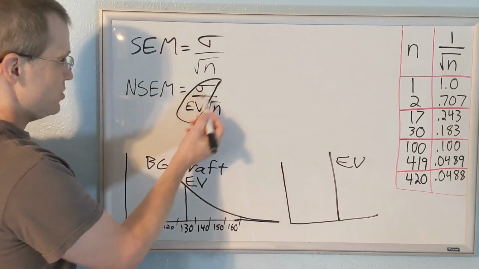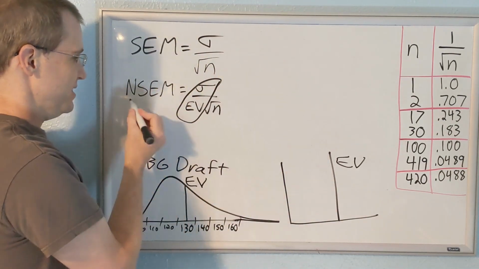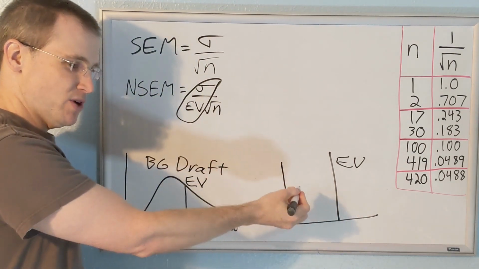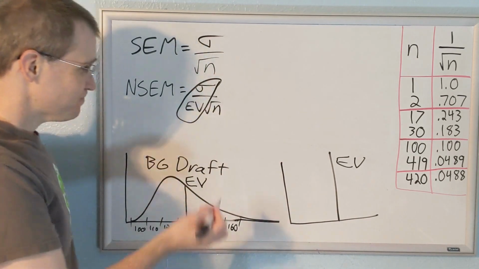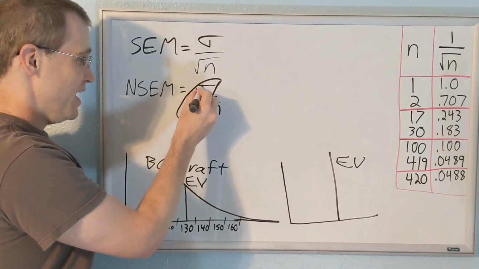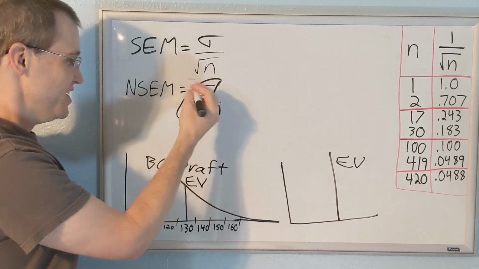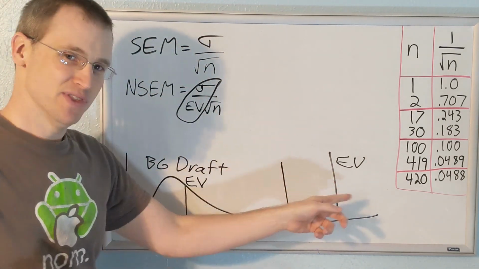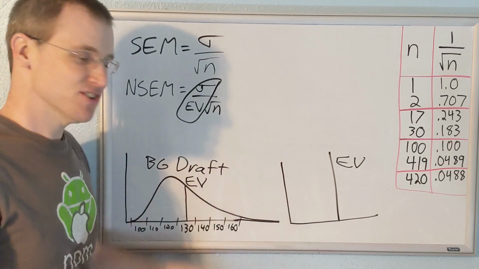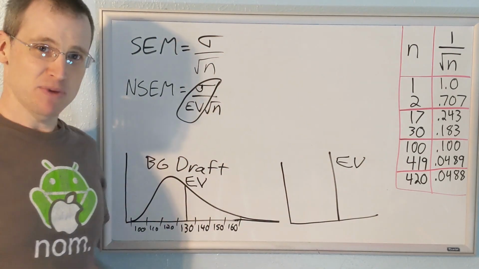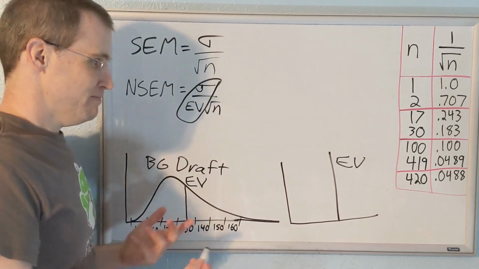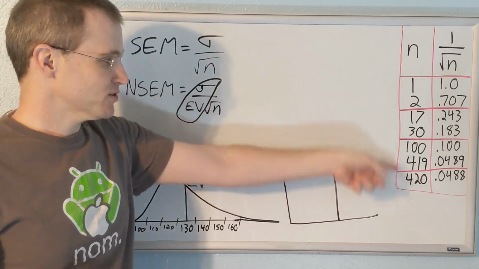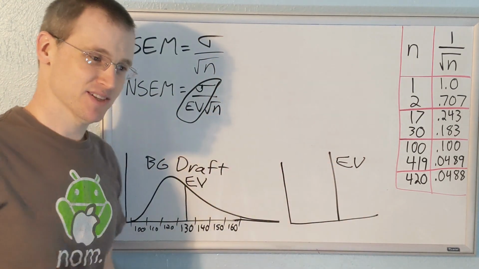And so were you to come over here and calculate the normalized standard error of the mean for 2021 Commander cases, the standard deviation is 0. So you do not deviate from the EV, from the average. And so it doesn't matter how many boxes you open, your mass box opening results will be the same, whether you open 1 box or 420 or 600 boxes.